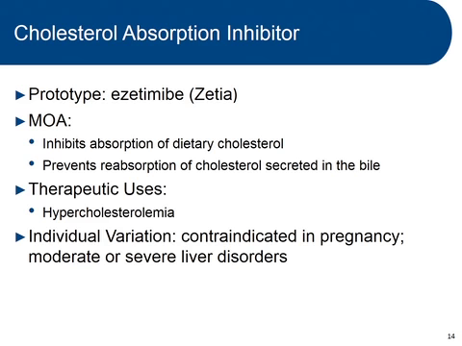These drugs work by inhibiting absorption of dietary cholesterol, and they also prevent reabsorption of cholesterol from the bile. And so essentially, they help to increase the amount of cholesterol that's excreted, right?